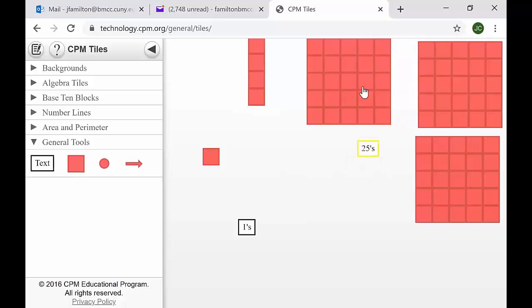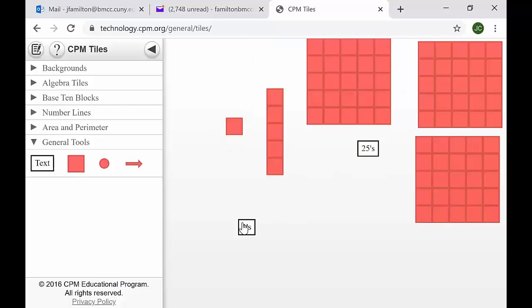So these are my 25s, and I have 1, 2, 3 base 5 flats, and I have left over 1 base 5 rod, and that's my 5s column. And then I have left 1 unit. So this is 1, 2, 3. So that would be 3, 1, 1.